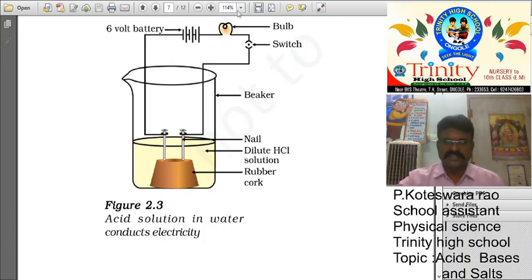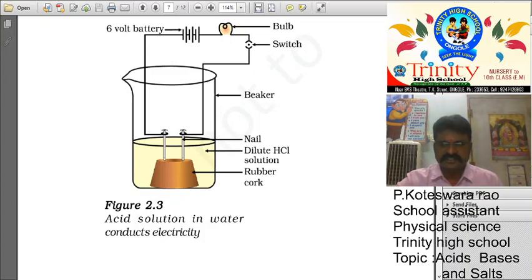First of all we arrange the same setup. And after that, what about the procedure? Before that, we already prepared the solutions, like in acids. What are the 4 solutions? First is glucose solution, next is alcohol solution, and third and fourth are bases. What are the bases we have taken?